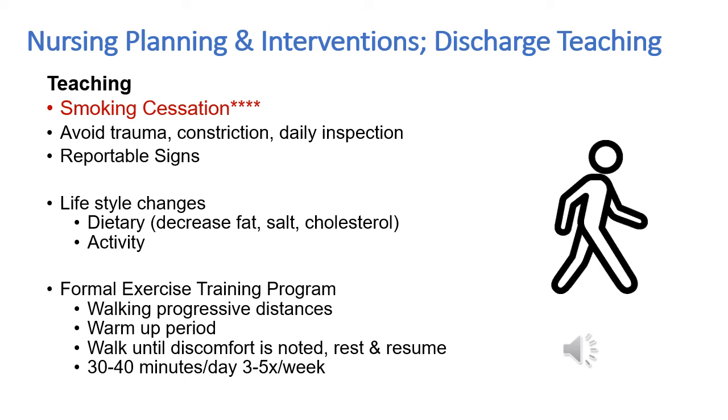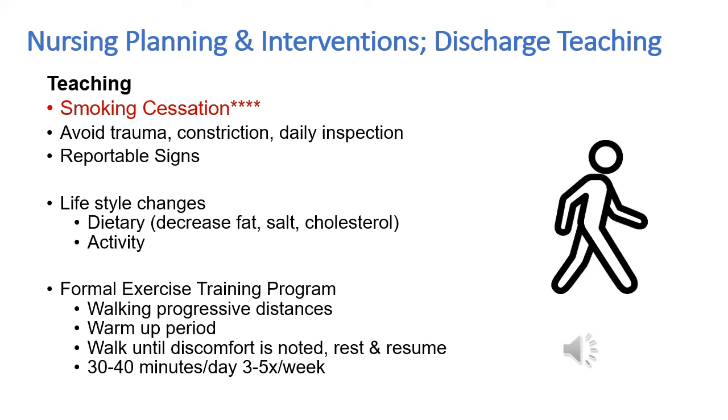In terms of activity, even though walking may be painful and it seems like a bit of a disconnect, we want them to do it. We want them to work up to it, because if they walk, that will help promote oxygenation. So what we have them do is slowly, progressively build their walking.